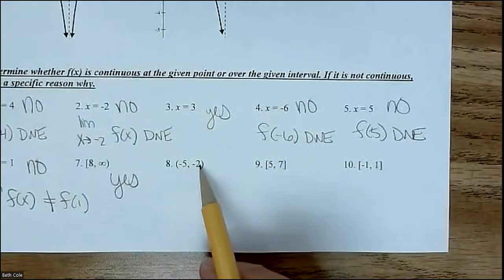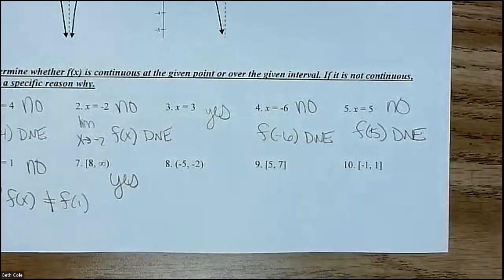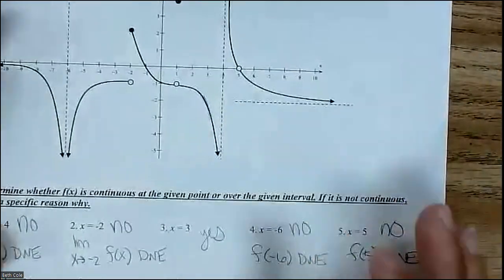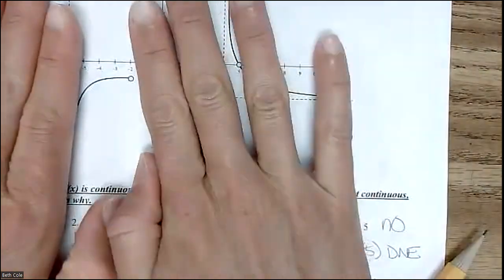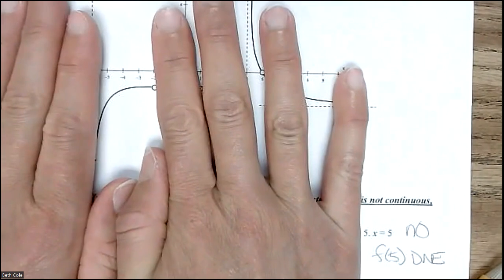Now, from -5 to -2, I realize that looks like a coordinate point. It's from -5 to -2, but the parentheses mean what? Do we want those points or do we not want those points? We don't. Okay, so we don't need to include the -5 and the -2. Let me try and cover up everything else. So do you see -5 to -2 there?